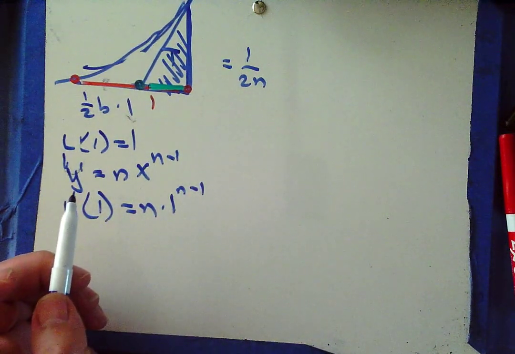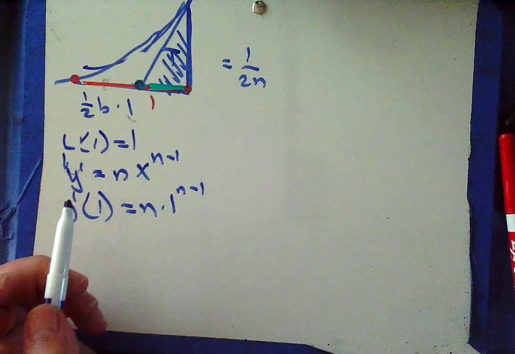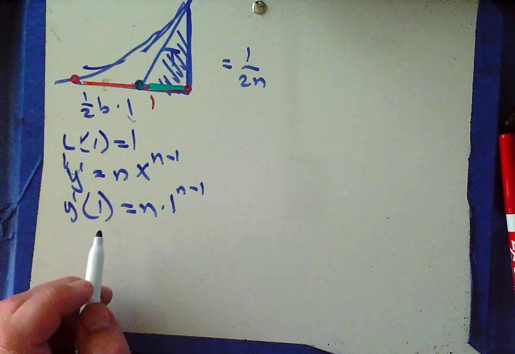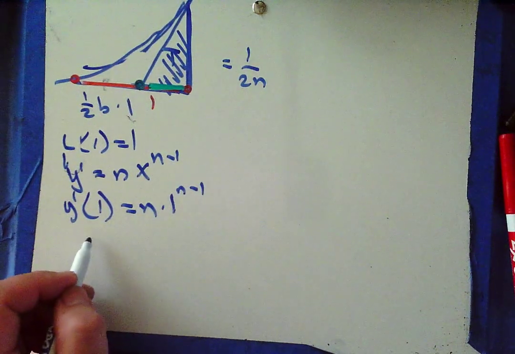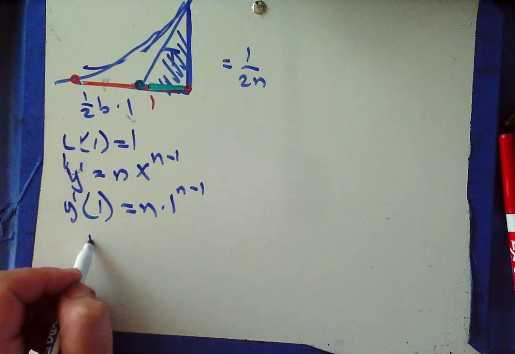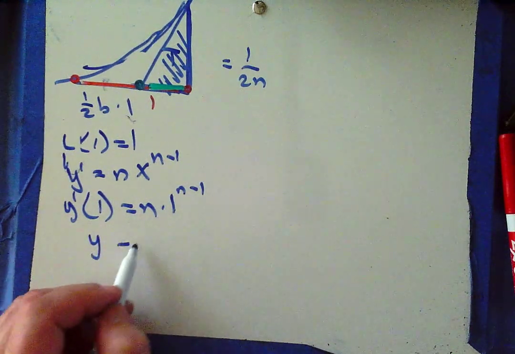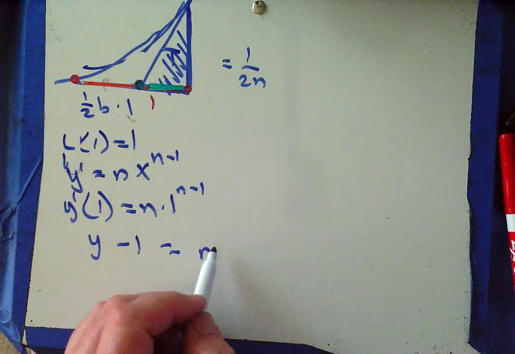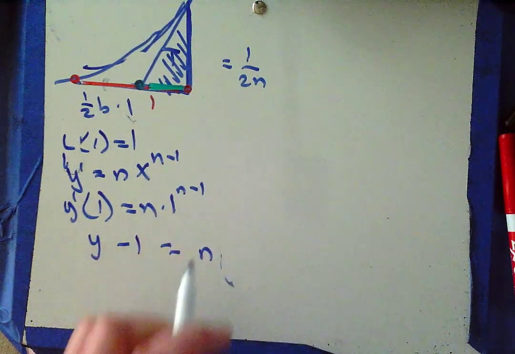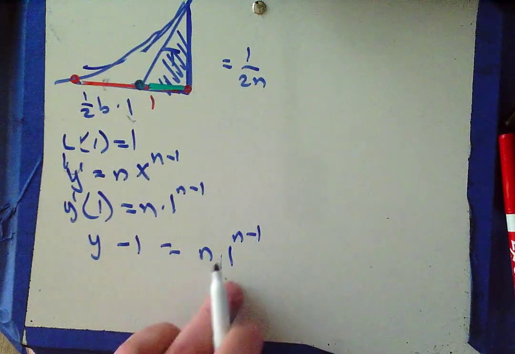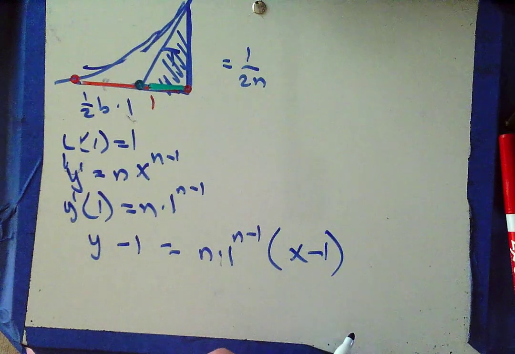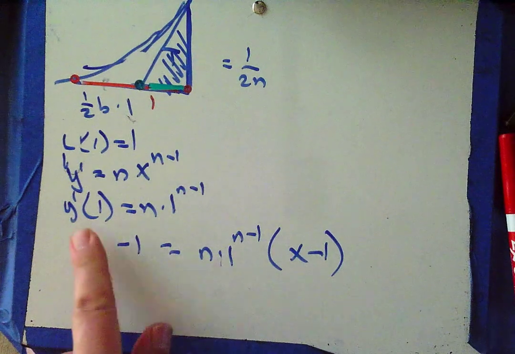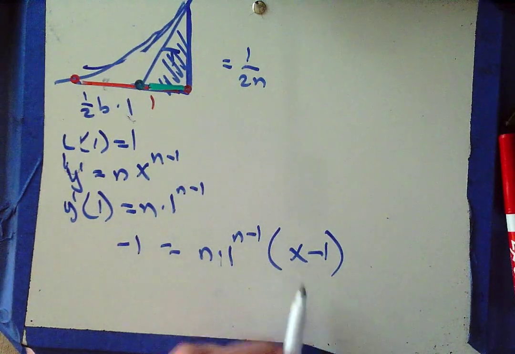Okay, so what would my tangent line equation be? My tangent line equation would be y minus 1 equals n times 1 to the n minus 1 times x minus 1. And if I want to find an x-intercept, I set y equal to 0, and I'm solving for x.